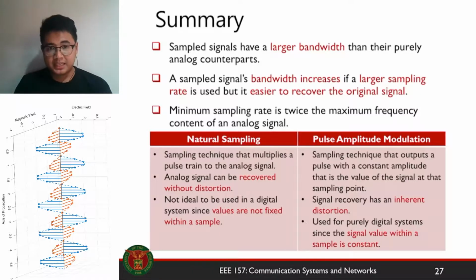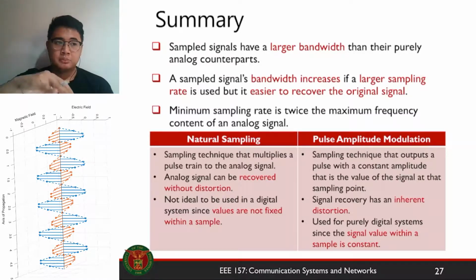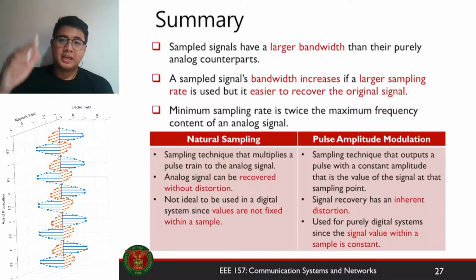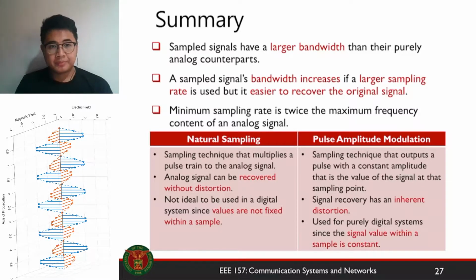The nature of natural sampling is that it can be easily recovered without distortion, but it's not ideal for a digital system, since we want the computer to have time to process the sample before the sample goes away. In natural sampling, the signal always changes within a sample, but for PAM, the signal does not change within a sample.